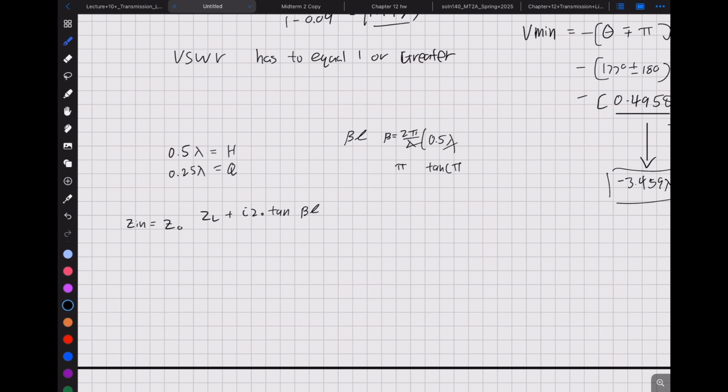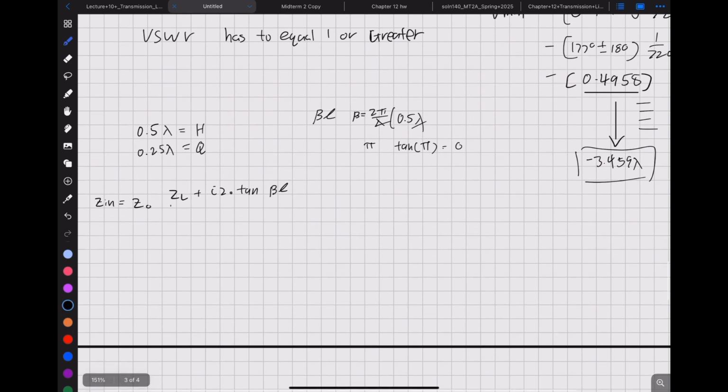Tangent of pi is just a 0. So what we end up having is ZO down here plus whatever tangent of pi, which is 0.